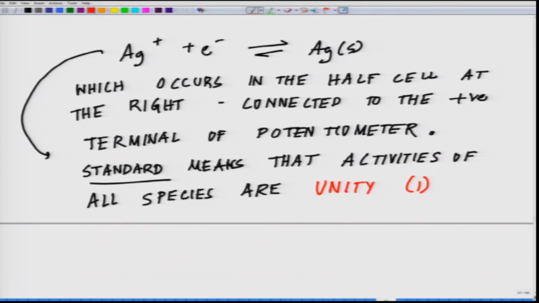So, for the reaction mentioned above, what will happen under standard conditions?